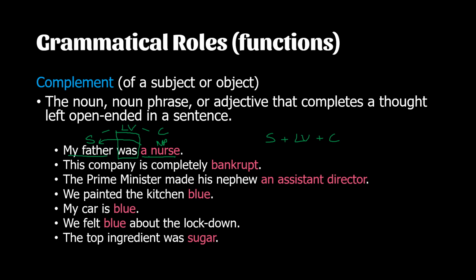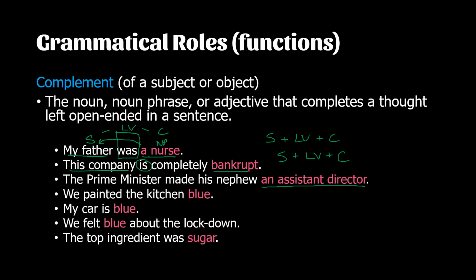This company is completely bankrupt. So I have a subject, company, plus the linking verb is, plus the complement, completely bankrupt. The Prime Minister made his nephew an assistant director.